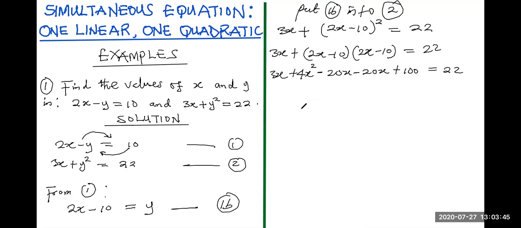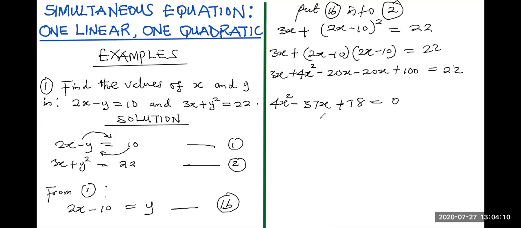Rearranging in descending powers of x, I will write 4x squared first, then minus 40x, then plus 3x gives us minus 37x. This 100 comes over to the right-hand side and becomes minus, so 100 minus 22 gives us 78. So plus 78 equals 0.